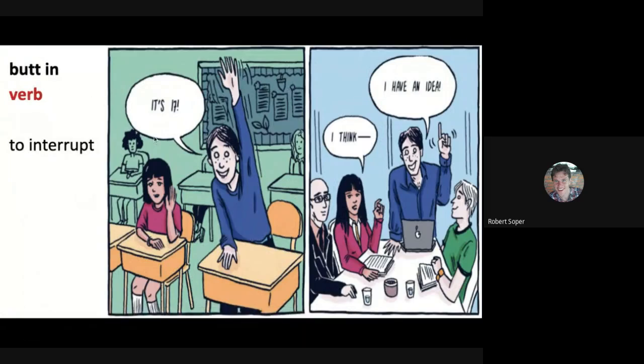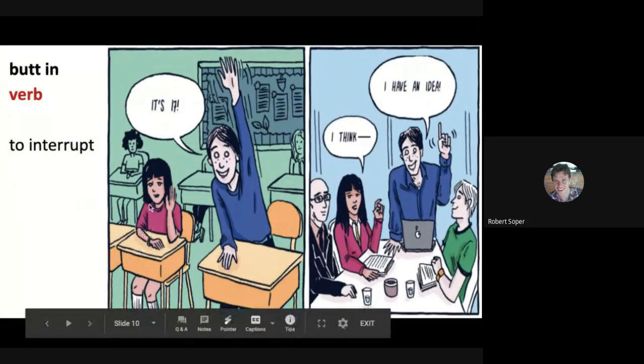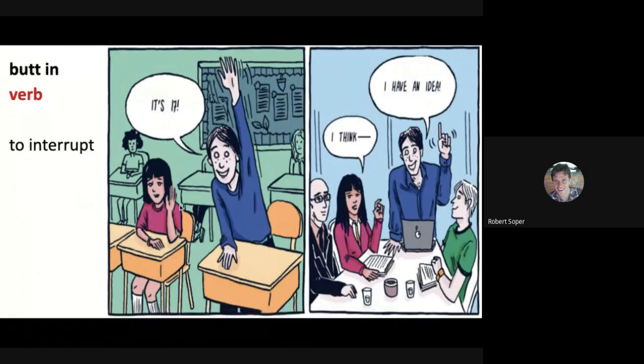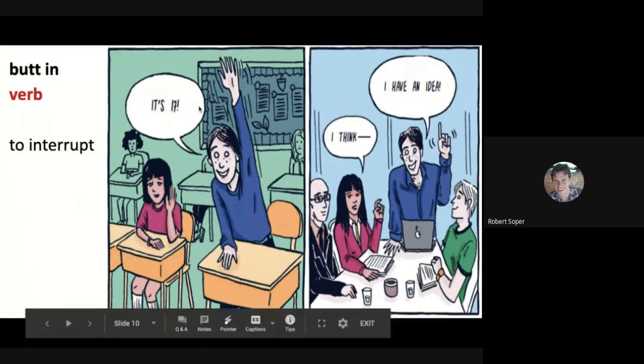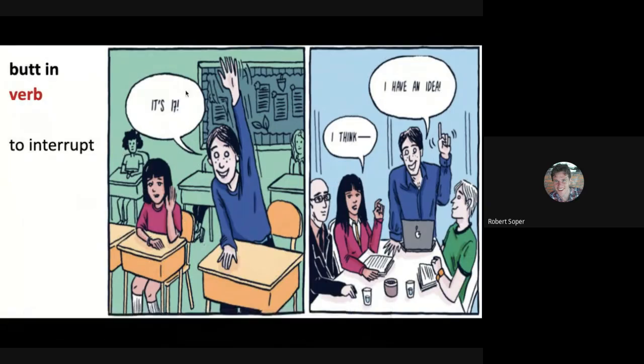So maybe the teacher asked a maths question and he was directing it at this girl. So he was asking this girl, but this student decided to interrupt the communication between the teacher and this girl. The student butted in. So he decided to shout out the answer, it's 17.